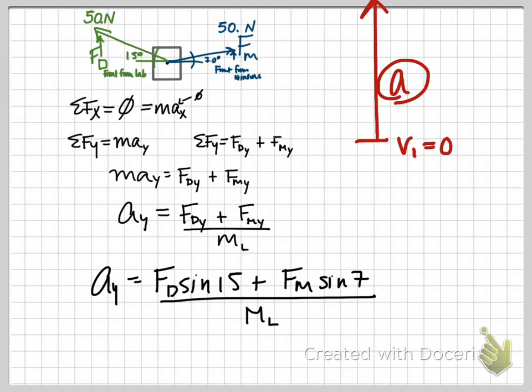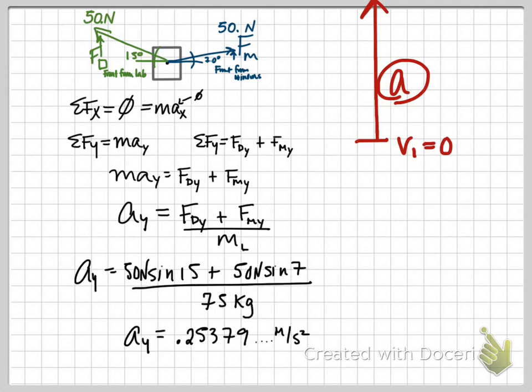So we had 50 newtons here. We had 50 newtons here. And we're going to estimate this at 75 kilograms. Get me an acceleration. Okay, I've got a raw answer of 0.2537 on and on and on meters per second squared.